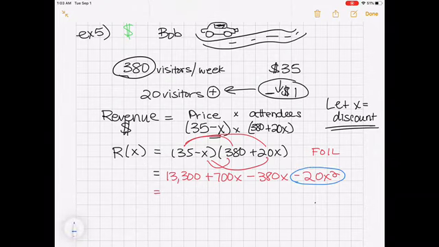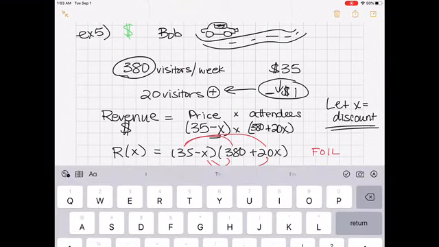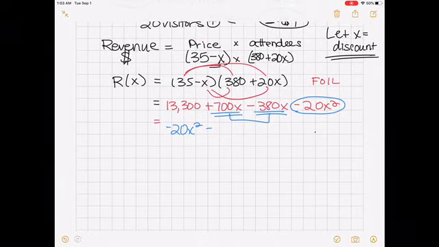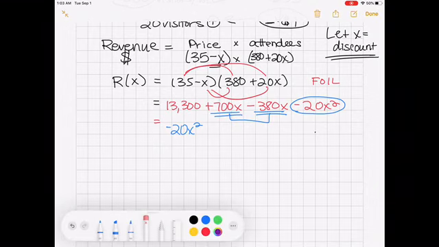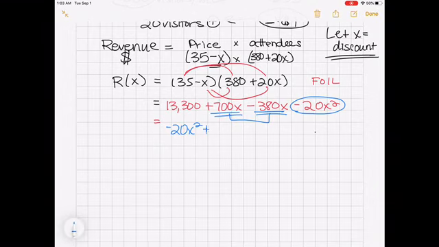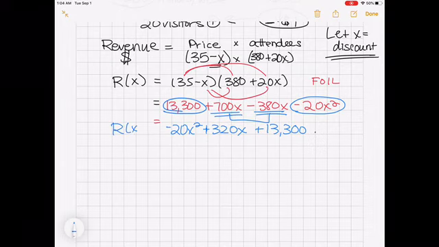So we know x squared is our biggest power, so we're going to put that first, in descending order: negative 20x squared. Then 700x and negative 380x are like terms, so we're going to simplify that, and we've got 320x, and there's our 13,300. So here we go. We know our function for all of his revenue is this.